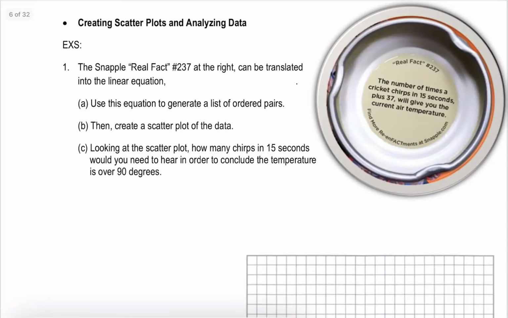So the number of times that a cricket chirps in 15 seconds, I'm going to let that equal C. So let's let C equal the number of chirps in 15 seconds. So that's what we start with.